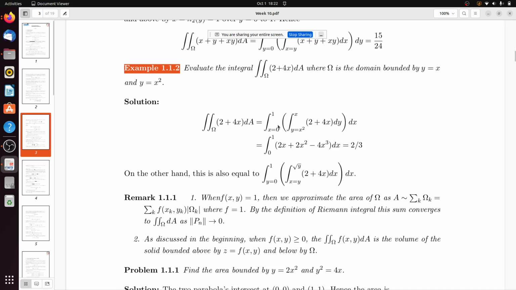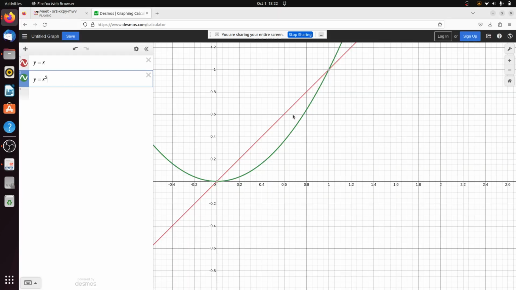similarly, we fixed x and varied y. Conversely, we can do it by fixing y and varying x. Now see, in this curve your x is varying from 0 to 1 and your y is varying from x squared to x. Conversely, you can also try it: the sectorial area is lying in the positive quadrant.